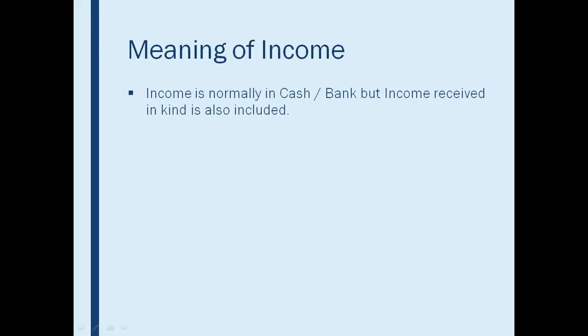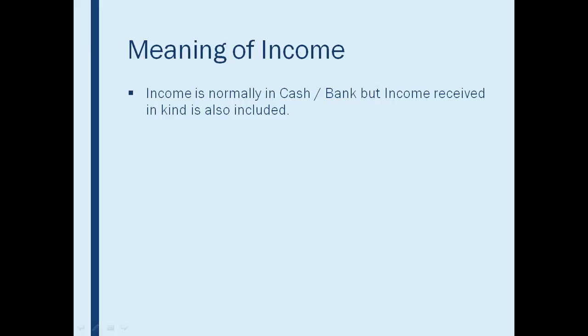But the main understanding of income is something which comes in with your effort and time. Maybe you are working in a company, so you give your time and effort and you get a salary, or you run a business and you get some profit. That's a very natural understanding. Normally you would receive income in cash, or customers would pay you by check.